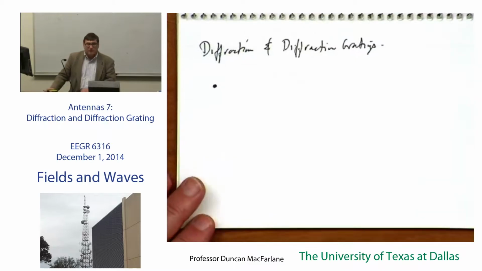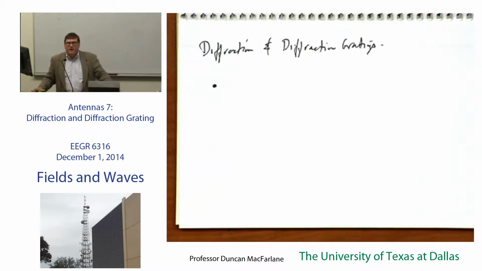So, if I start with a point source, if you think about it, all sources far enough away are a point source. The sun looks like a small point source if you're far enough away from it, even though it's tremendously complicated on the surface of it.